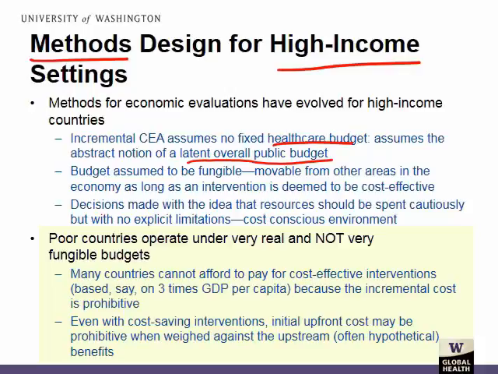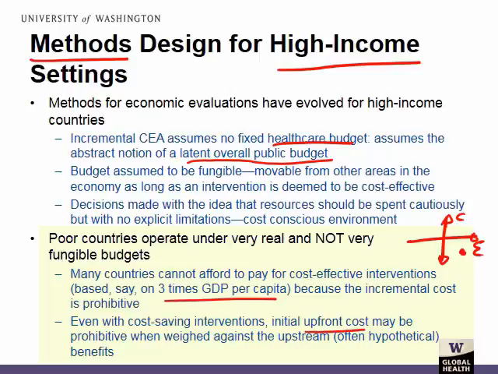And even when an intervention is cost saving, if you remember the incremental cost effectiveness plane, where you have costs here and effectiveness here, and you have an intervention that reduces cost and in addition increases effectiveness in this quadrant, you might not be able to actually perform that intervention because the upfront costs may be prohibitive, may be too high, given downstream consequences.